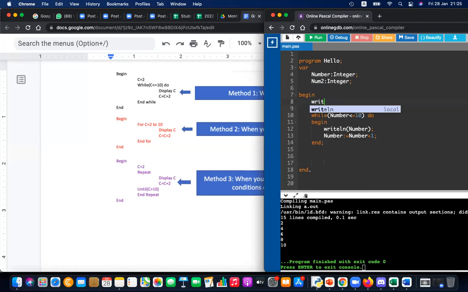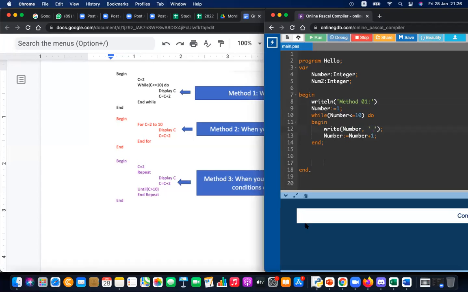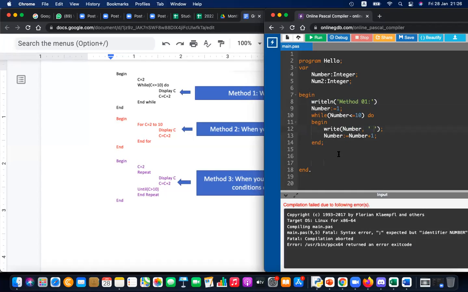Let's write this is method number 1. And I'm not going to write writeln. I'm just writing the number and then a space, so I can print this horizontally.